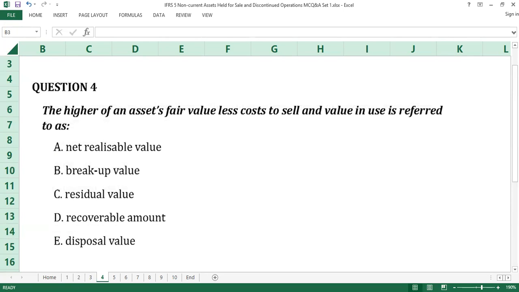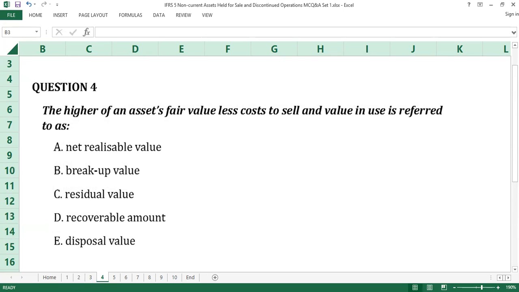Question number 4. The higher of an asset's fair value less cost to sell and value in use is referred to as dash. A. Net realizable value. B. Breakup value. C. Residual value. D. Recoverable amount. E. Disposal value.